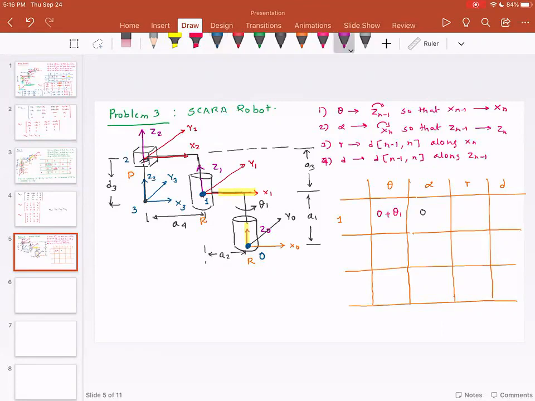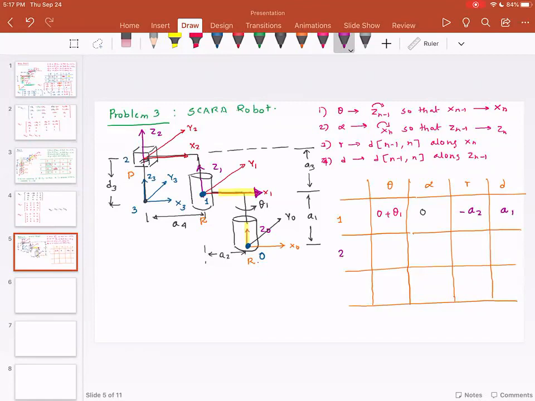So this distance is minus A2, because the distance is from 0 to 1, but the direction is in this direction. So this distance is negative. And D is the distance between frame 0 and frame 1 along Z0. That distance is positive, which is A1.